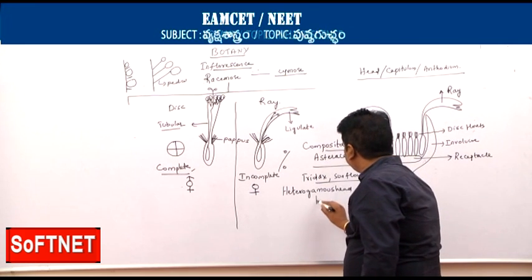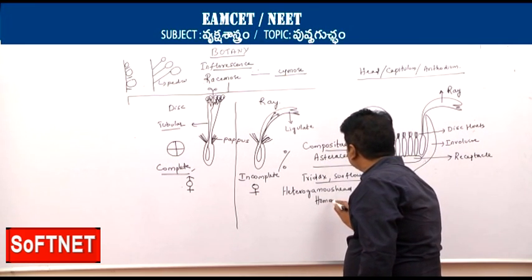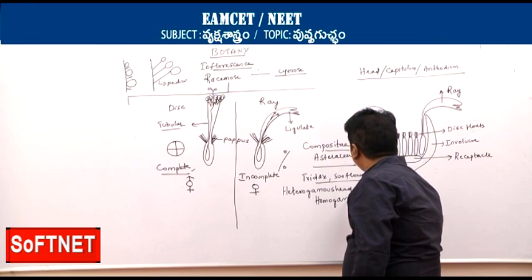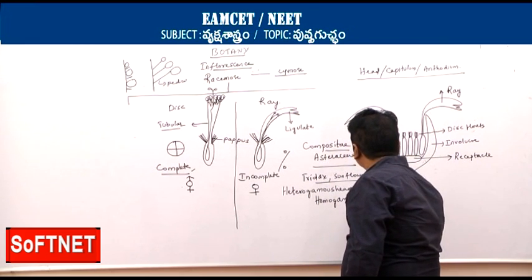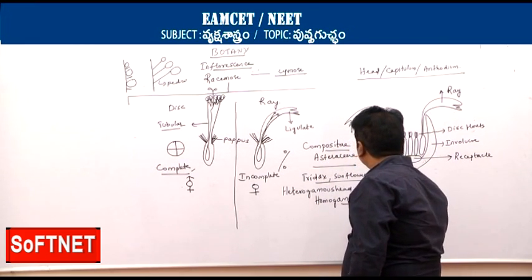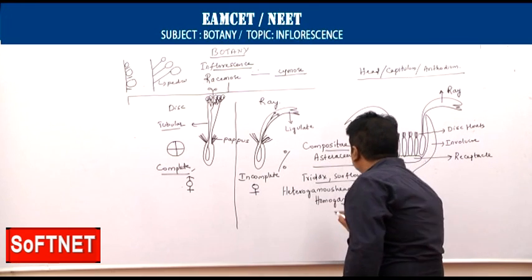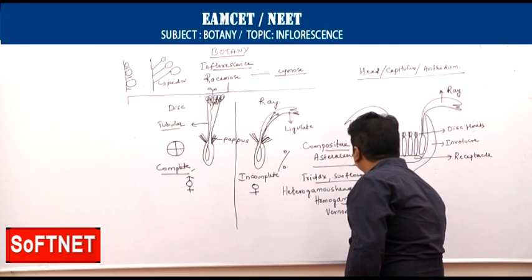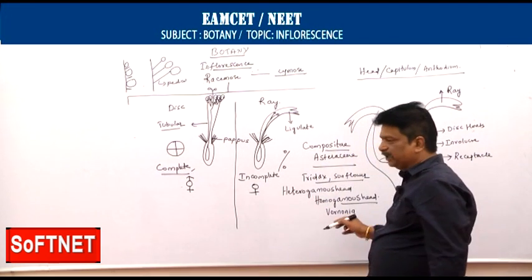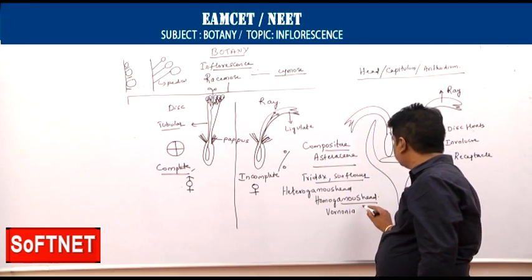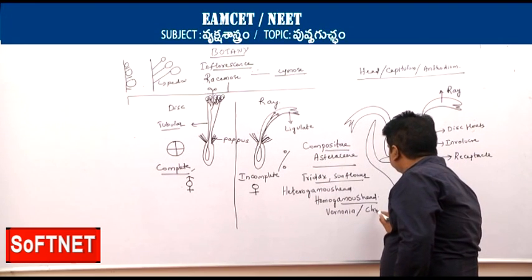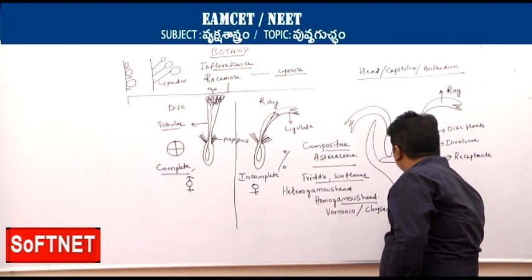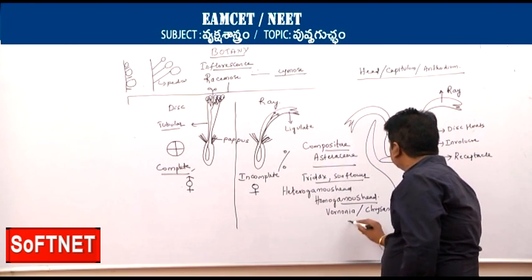If only one type of florets present, that is called homogamous head. Homogamous head with only disc florets, Vernonia, or homogamous head with only ray florets, chrysanthemum and also tagetes, common name is marigold.